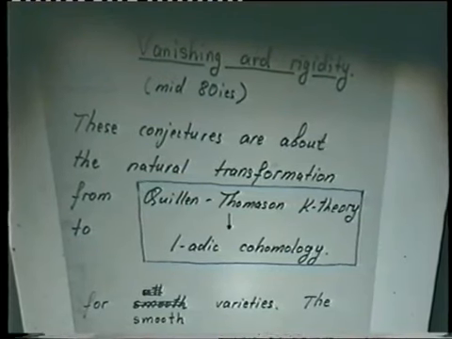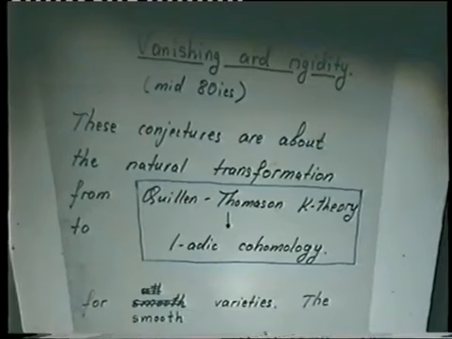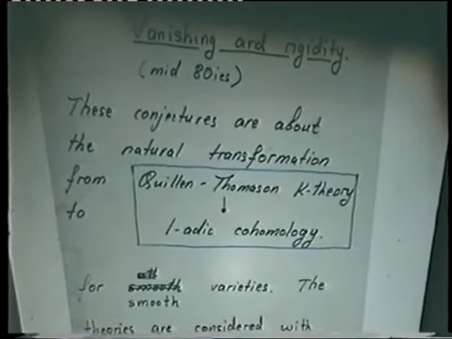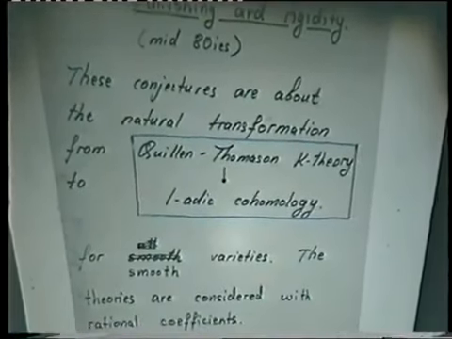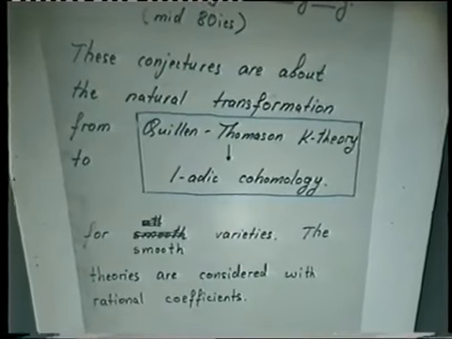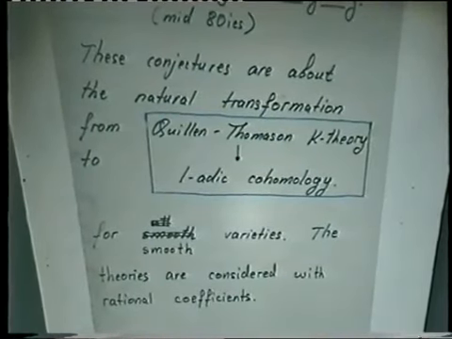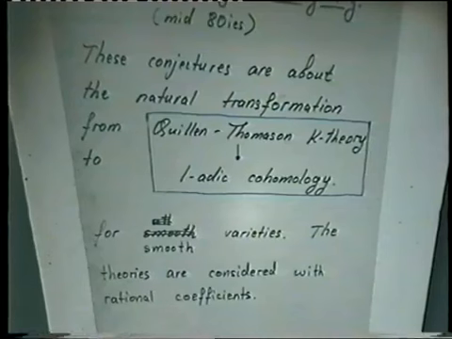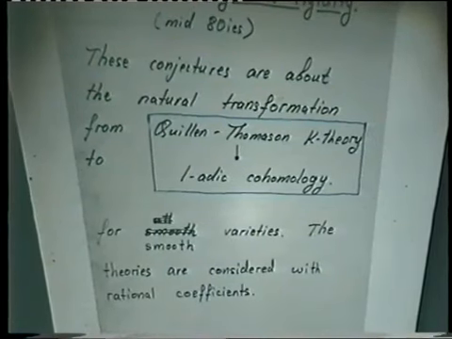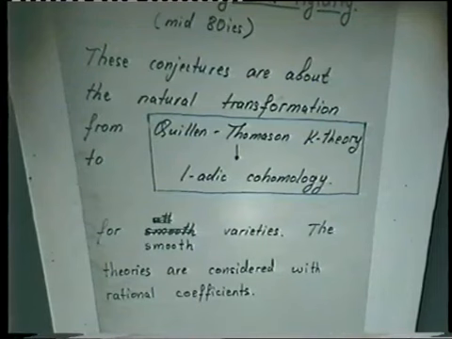So as far as I understand the story of the vanishing conjecture, it was originally a statement about the behavior of the characteristic classes going from Quillen-Thomason, meaning just ordinary algebraic K-theory, and taking values in the L-adic cohomology. Again, only smooth varieties are considered, which is not important. No, it is important. Only smooth varieties are considered, and only rational coefficients are considered.